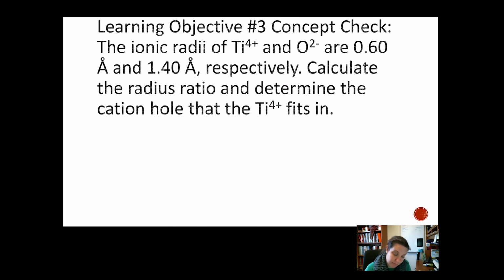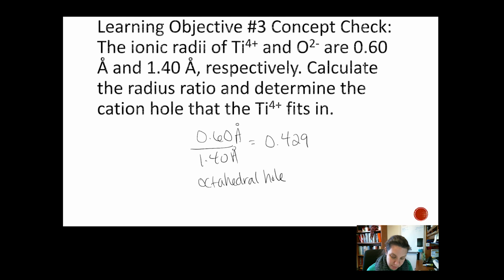So we take the radius of our cation, 0.60, divided by the radius of our anion, 1.40. Both are in angstroms, so those will cancel out. That gives us a radius ratio of 0.429. From our table, we see that this is an octahedral hole, which means that we have a coordination number of 6 in this case.